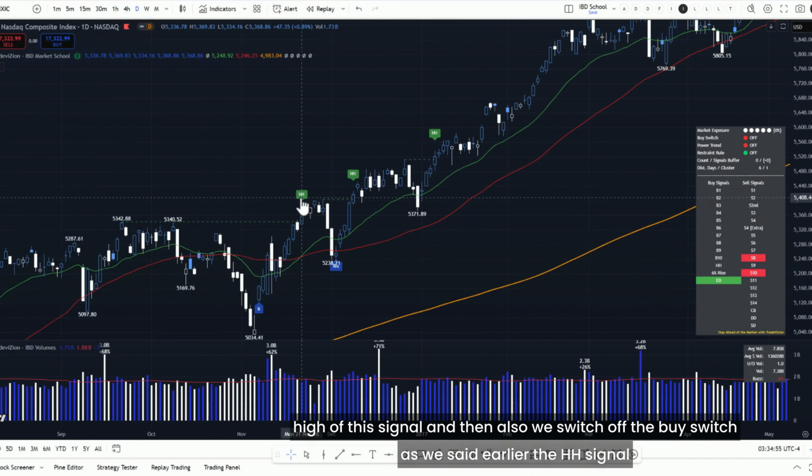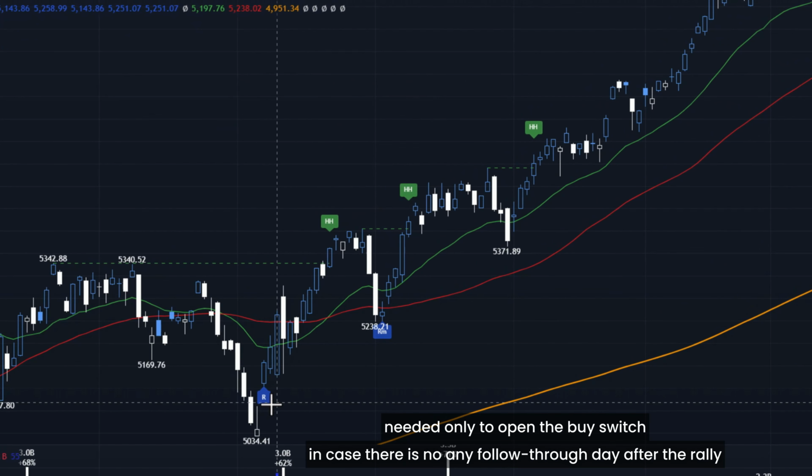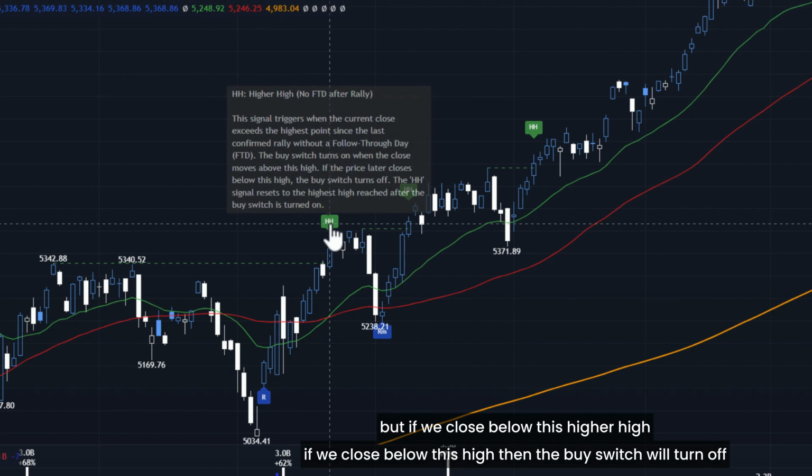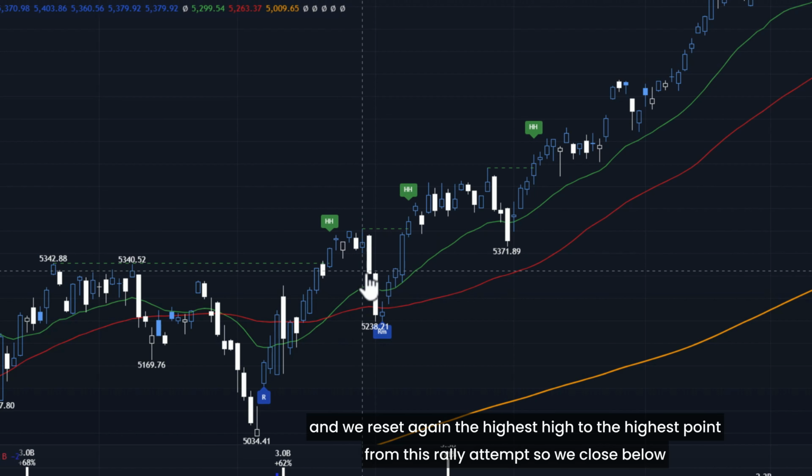As we said earlier, the higher high signal is needed only to open the buy switch in case there is no follow-through day after the rally. But if we close below this high, then the buy switch will turn off, and we reset again the highest high to the highest point from this rally attempt.